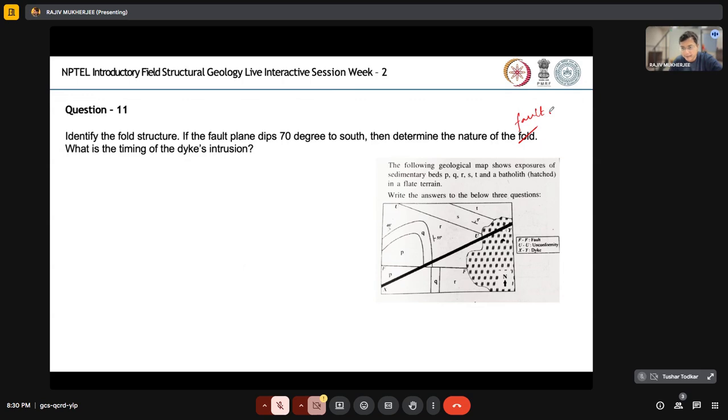U is the unconformity. Okay, so first of all, let us see that in a flat terrain, when you are getting a fold trace of a fold, that definitely would mean the fold is plunging, right?